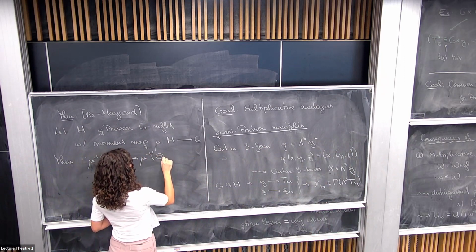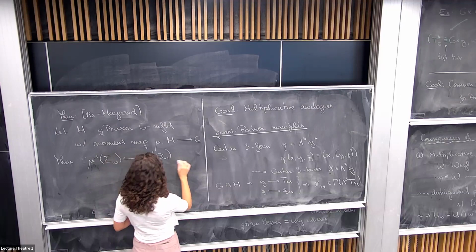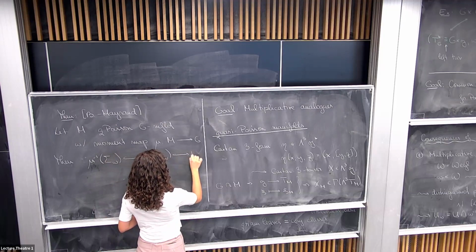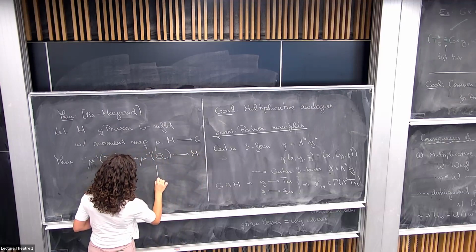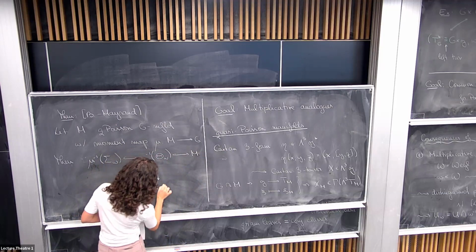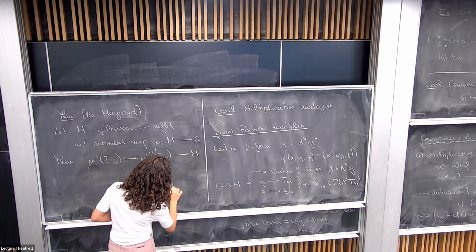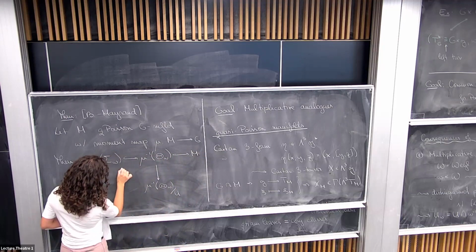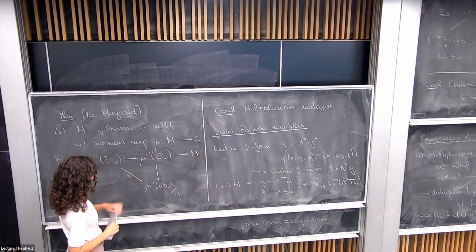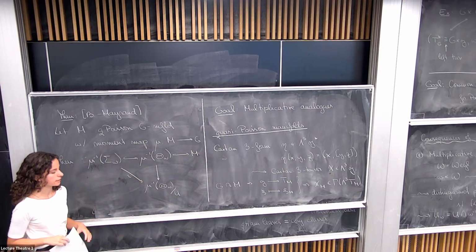This lives inside the preimage of the larger space theta under mu, and I can quotient here by the action of U. This quotient always exists because it's isomorphic to this space.